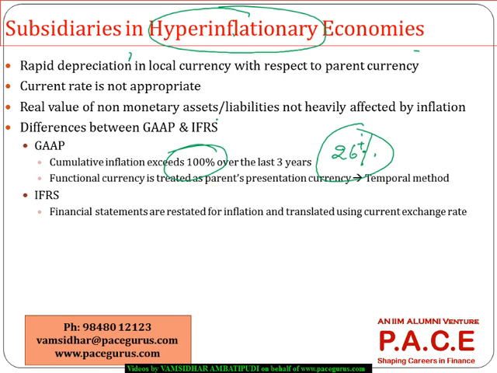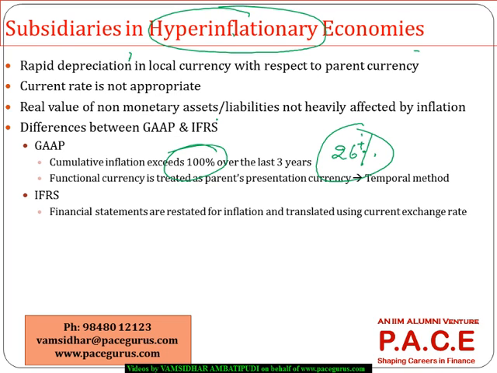And in case my subsidiary is present in a hyperinflationary economy, how do I handle the financial statements as per GAAP and IFRS? Because there are some differences as per US GAAP and IFRS in terms of handling subsidiaries present in hyperinflationary economies.